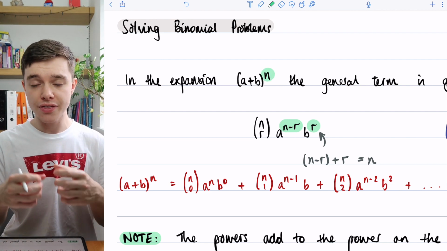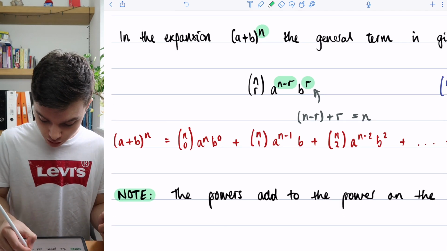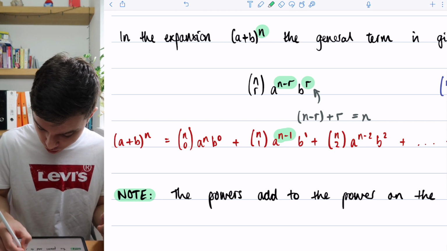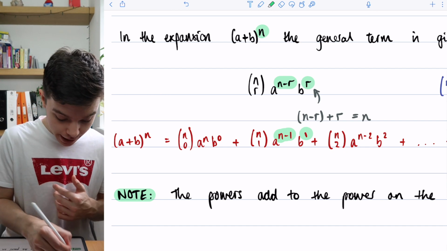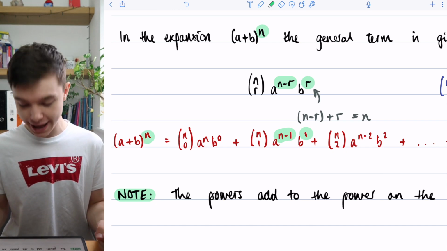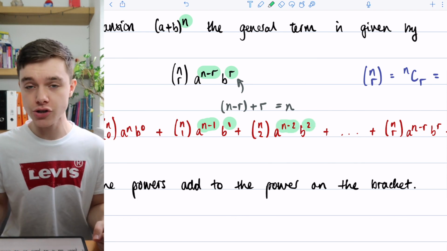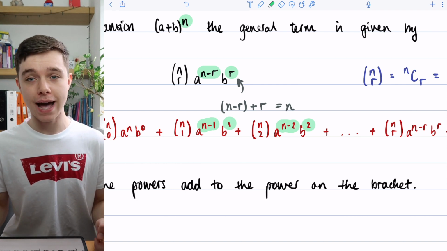So we know that that should be the case for every single term that we do. If we look at n minus 1, and then of course there's a power 1 there on the b, add those 2 powers together, we get n, and n was the power on the bracket, okay? If we look here, n minus 2 and 2, add those together, we get n, and of course n is the power on the bracket.